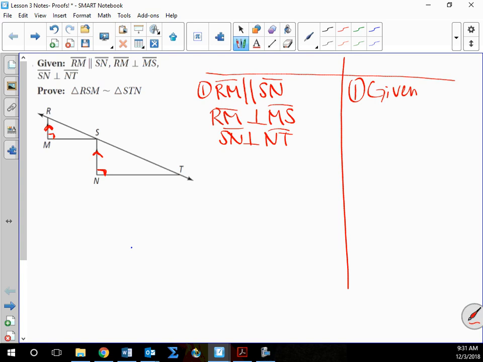So angle M is a right angle and angle N is a right angle, and as Nikki said, that is the definition of perpendicular lines.